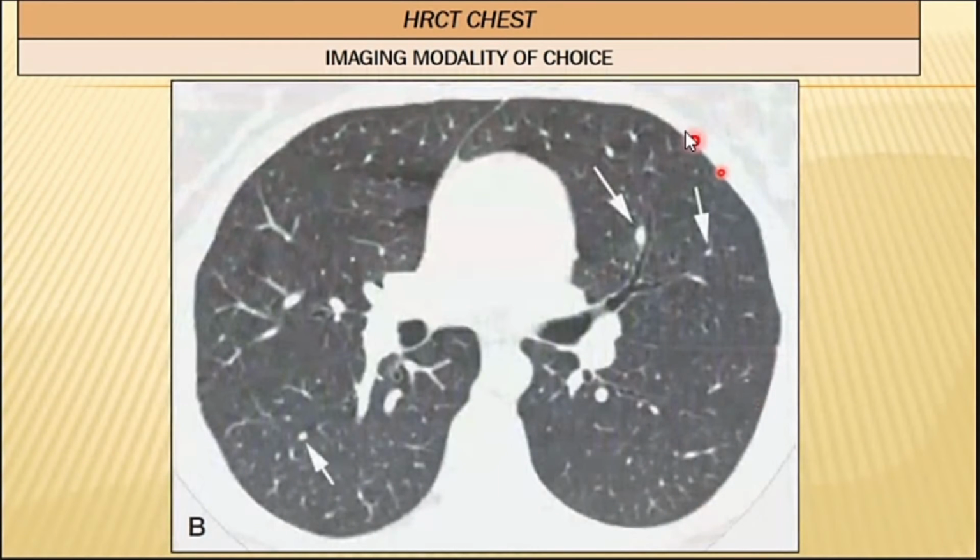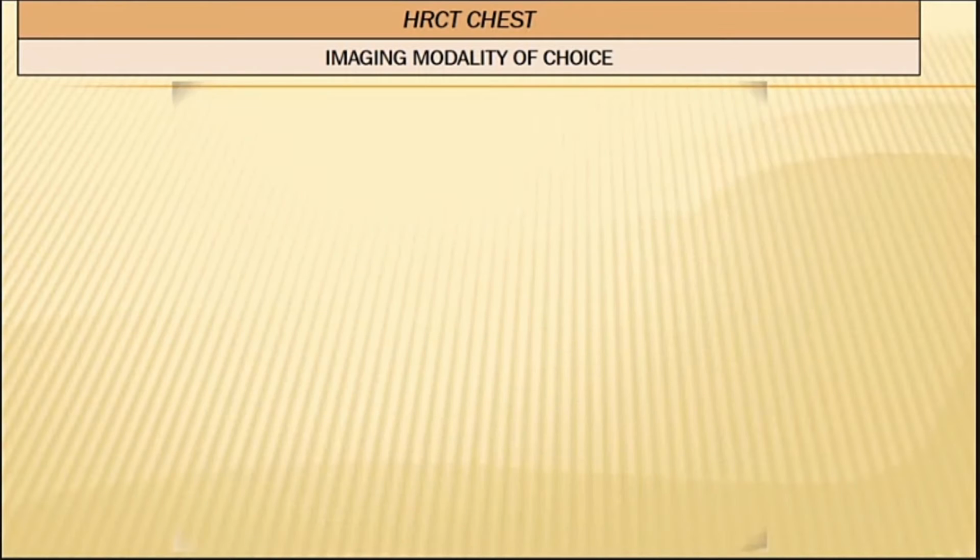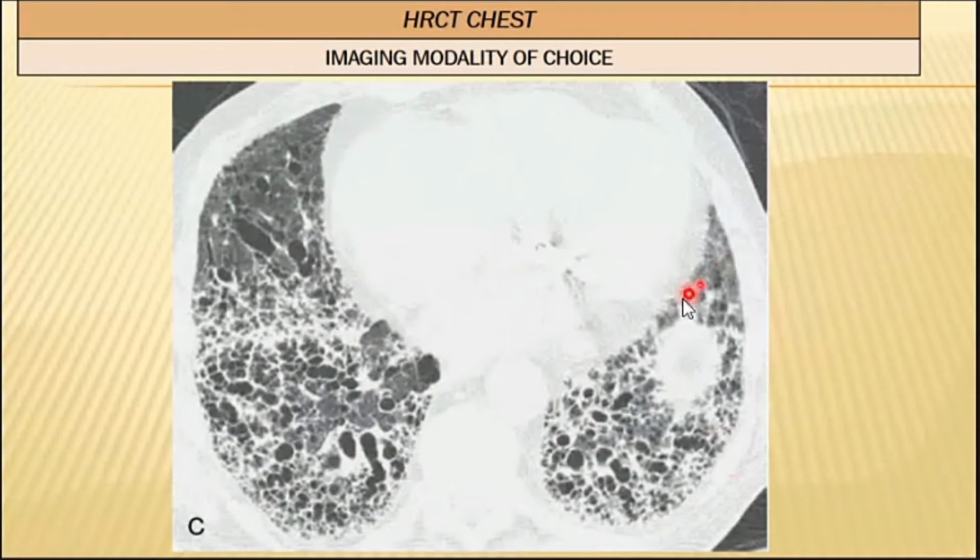So for example, this is a normal HRCT of the chest. This is just below the level where the trachea bifurcates into your right and your left. Here you can see the horizontal fissures on both sides. You have your vessels, this is your bronchiole, and these are your bronchial vessels. Now when we look at ILD, the CT picture is very, very stark.